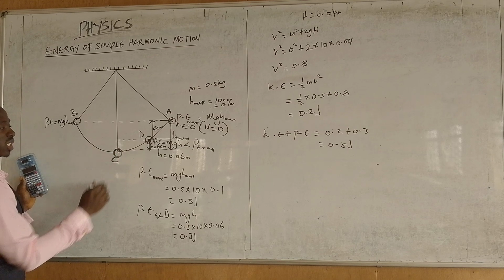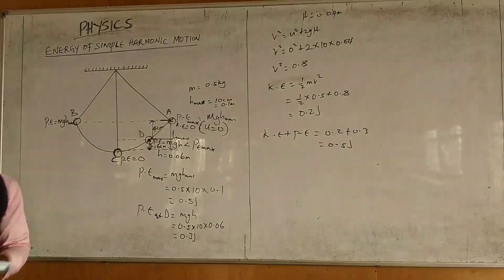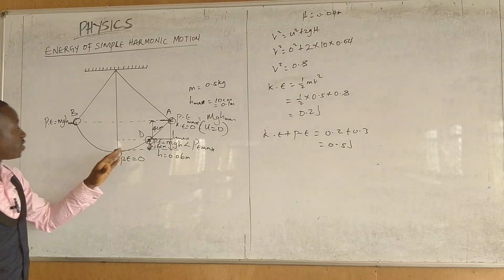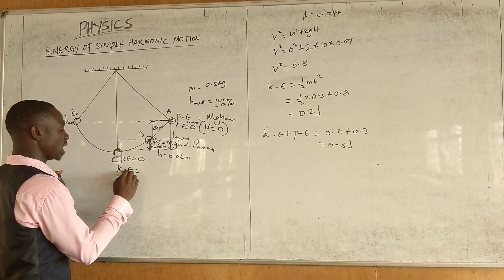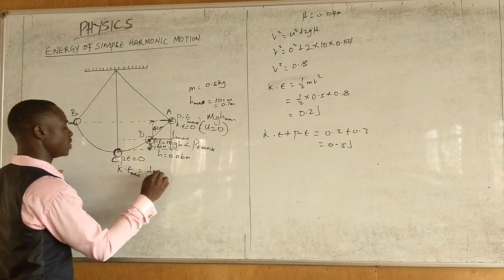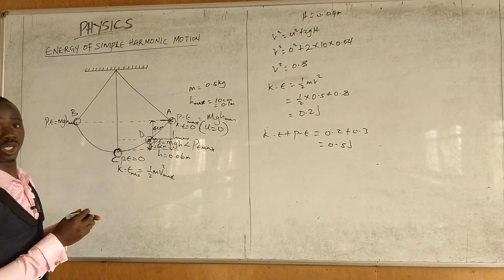But what is the only energy here? Do we have any potential here? No. So PE at the center is 0. But what of KE at the center? At the center is where we are going to have maximum velocity. And since we have maximum velocity, we have maximum KE, which is half mv square max. So why is PE equal to 0?